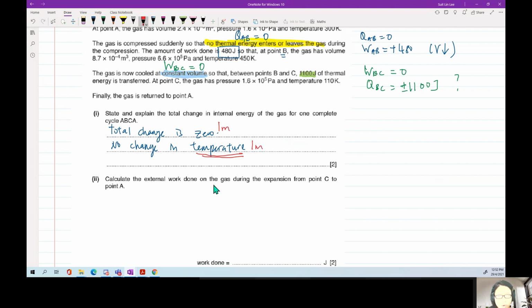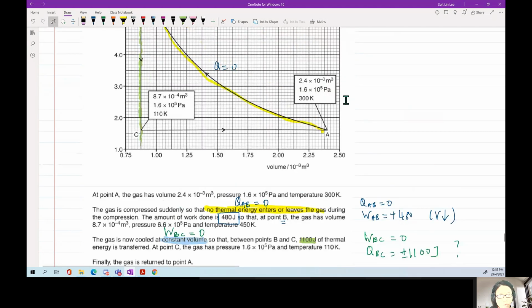Calculate the external work done on the gas from C to A. Let's go back. C to A is this arrow, so we need to find the area under this graph. Work done from C to A will be P delta V. Do we have the pressure, my friends? The pressure is 1.6 times 10 to the power of 5.